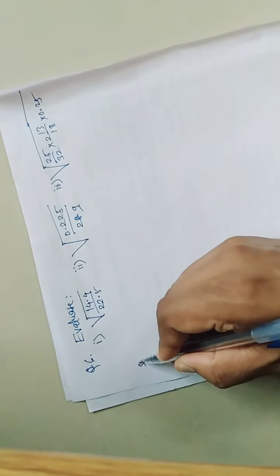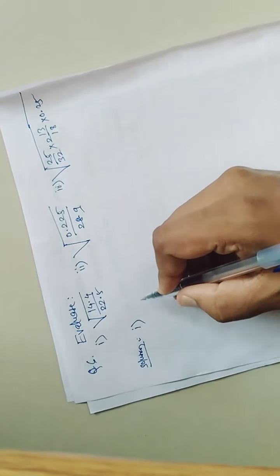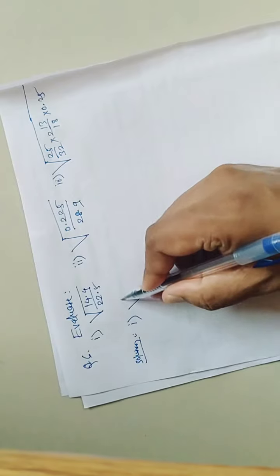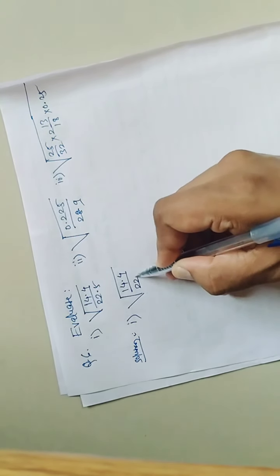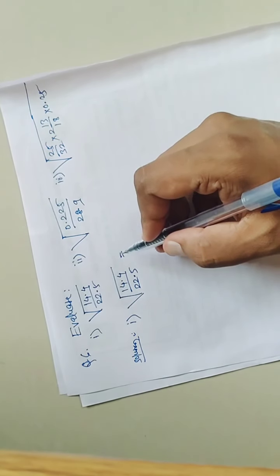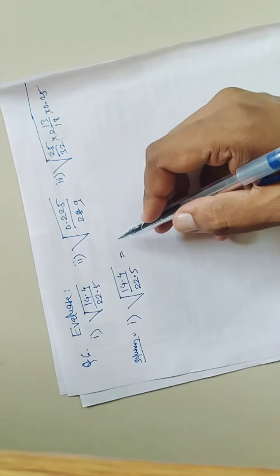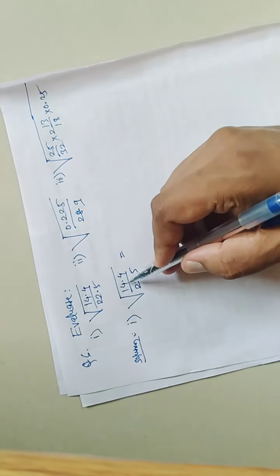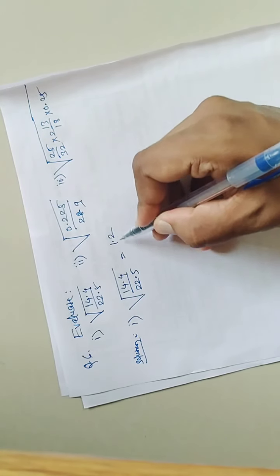Solution. First, in square root 14.4 divided by 22.5, it's very simple because the square root of 144 is 12, so 14.4, their square root is 1.2.